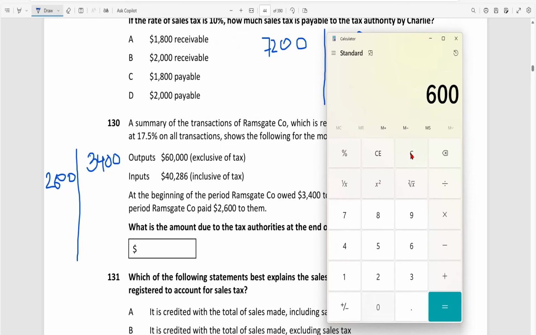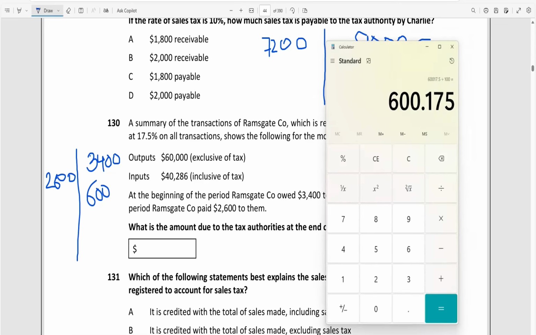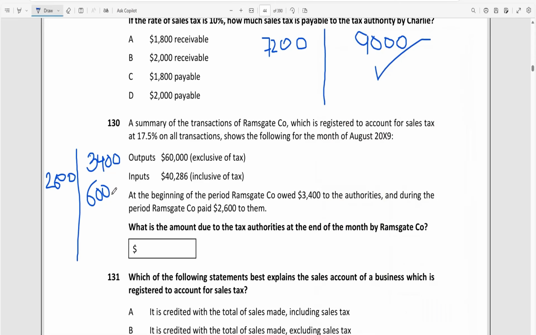So on 60,000 we will multiply 17.5, then divide by 100, because it's exclusive of the tax amount, so it will give 600 point, how much, 175.